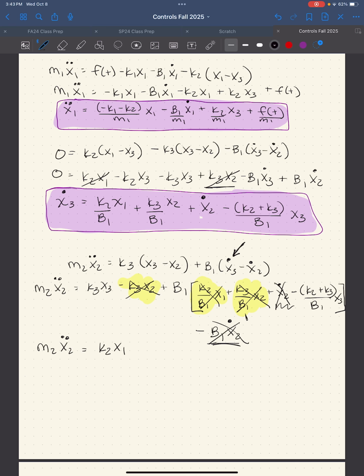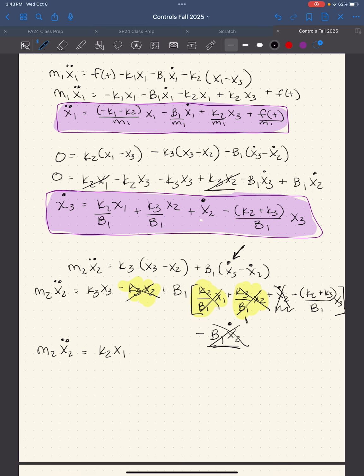And then lastly, I have a k3 x3, oops, sorry, that's supposed to be there, I'm sorry. So plus k3 x3.